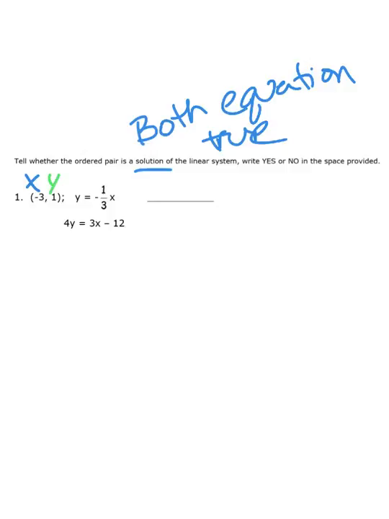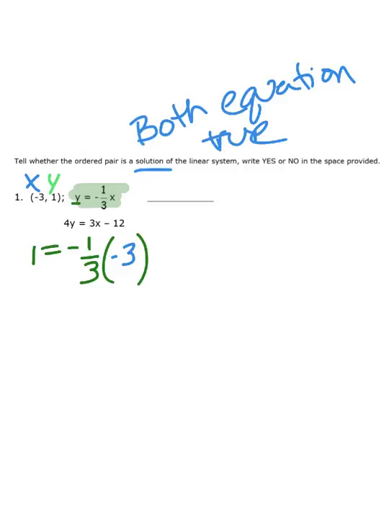So I'm going to go ahead and take the first equation. Here's my first equation, and I'm going to write it as, instead of y, I'm going to take the y value of 1 equals negative 1/3, and I'm going to multiply by the x value of negative 3.